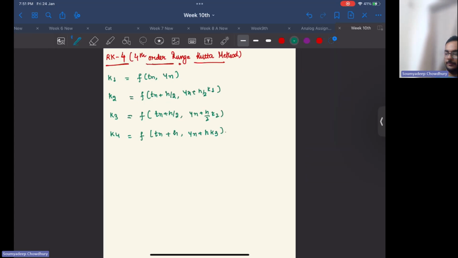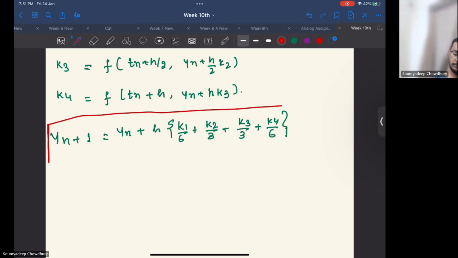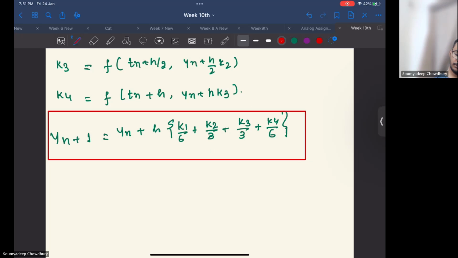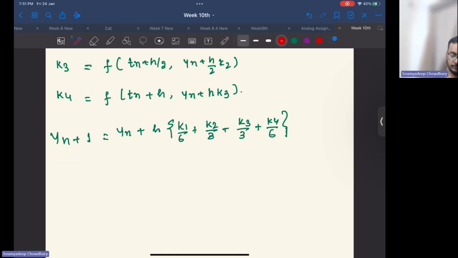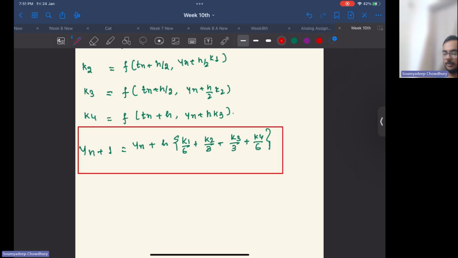So these k1, k2, k3, k4 we know, and now we can also write the equation for y_{n+1}. y_{n+1} is y_n plus h times (k1 by 6 plus k2 by 3 ...). So this is the formula for the fourth order Runge-Kutta method, the fourth order RK method.